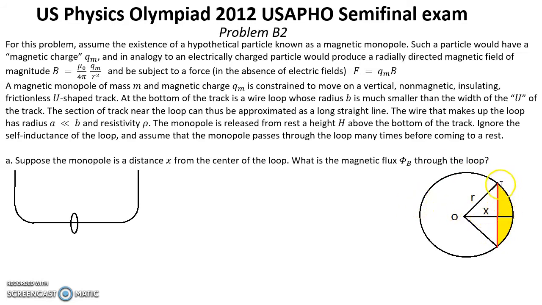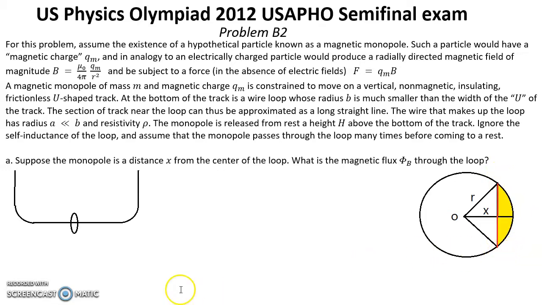And we just need to count the area of this segment, because the magnetic field on this sphere will be the same, and we just need to multiply the magnetic field from this charge by the area of this segment. And there is a well-known formula for this area.